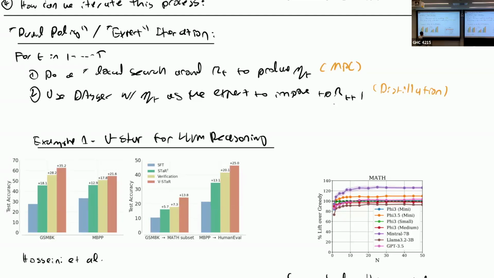But people rename a bunch of things over time. So to put this in kind of terms you've heard before, SFT, the blue bar here, is just behavior cloning. The third bar here, verification, is just best of n. So I'm going to sample a bunch and then rank it according to my reward model, pick the best. And you'll see that you get like a pretty big improvement here.